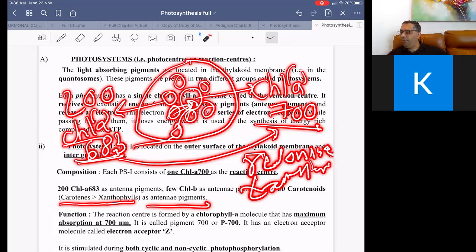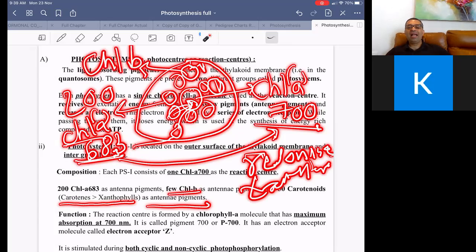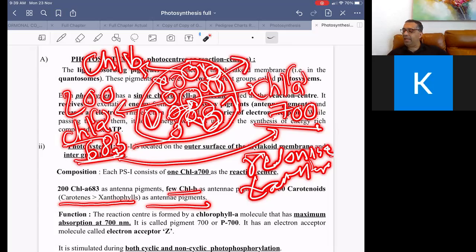Then it has chlorophyll B. So few chlorophyll B's are there. तो chlorophyll B भी होते हैं, few chlorophyll B. And then there are carotenoids, of which carotenes are greater than xanthophyll. तो यहाँ पर we are having more carotenes. बड़े बड़े में कैरोटीन दिखा रहा हूं. ये है कैरोटीन and there are more of carotene.